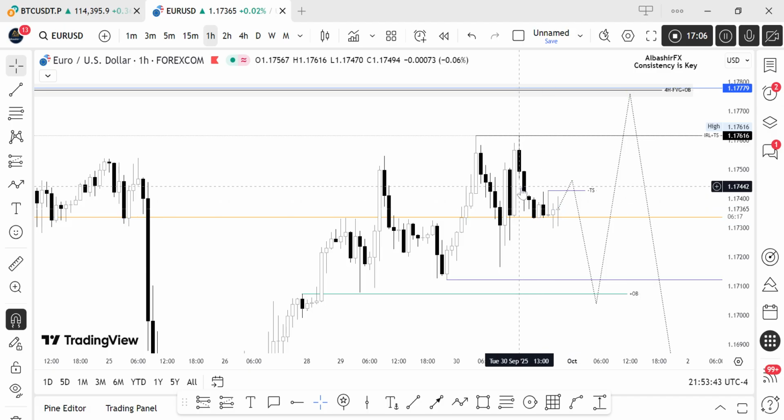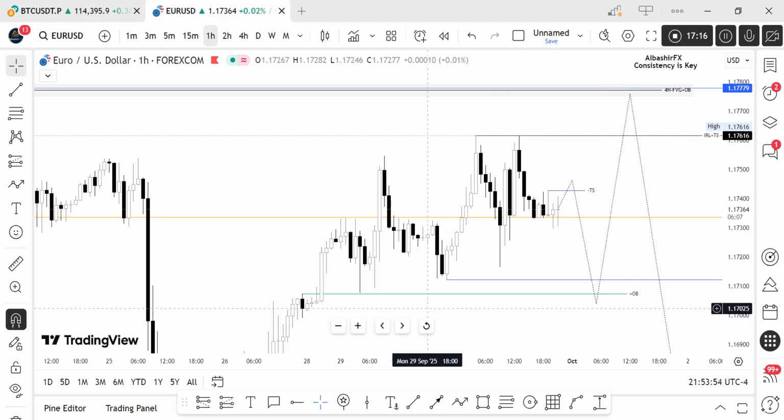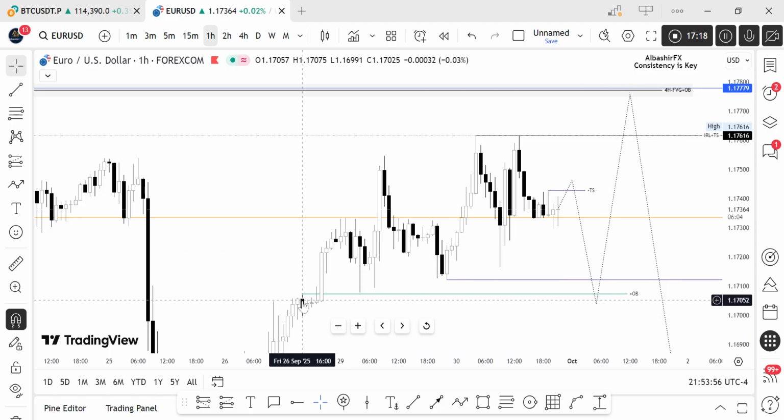So we have our fair value gap here, an unmitigated fair value gap. Now if price reaches into this fair value gap, it should be enough to take us lower and retest this bullish order block.